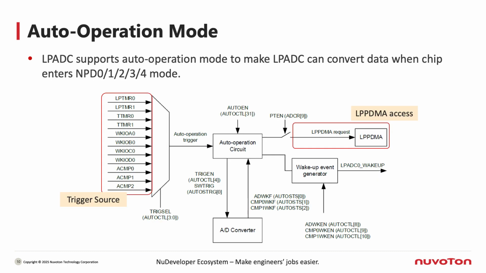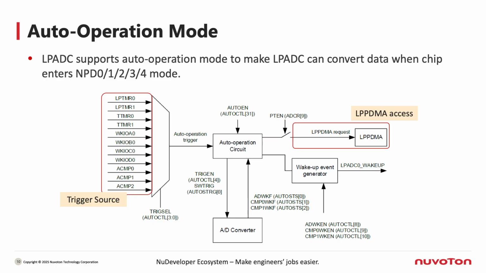Auto operation mode is a key feature of the Low Power ADC. It allows the ADC to start automatic operation using various trigger sources such as low power timer, tick timer, WKIO, or ACMP. When Auto EN is enabled, the Low Power ADC can perform ADC conversions even when the chip is in low power modes, which is NPD0 to NPD4.